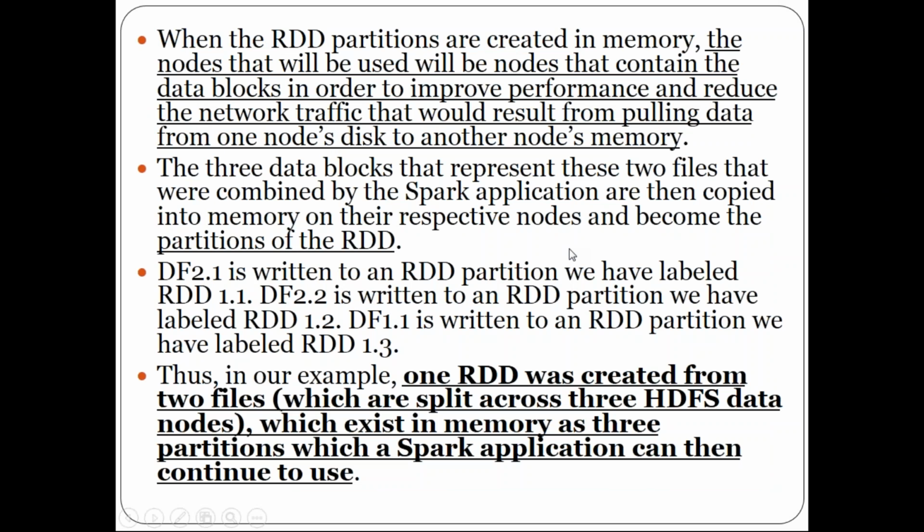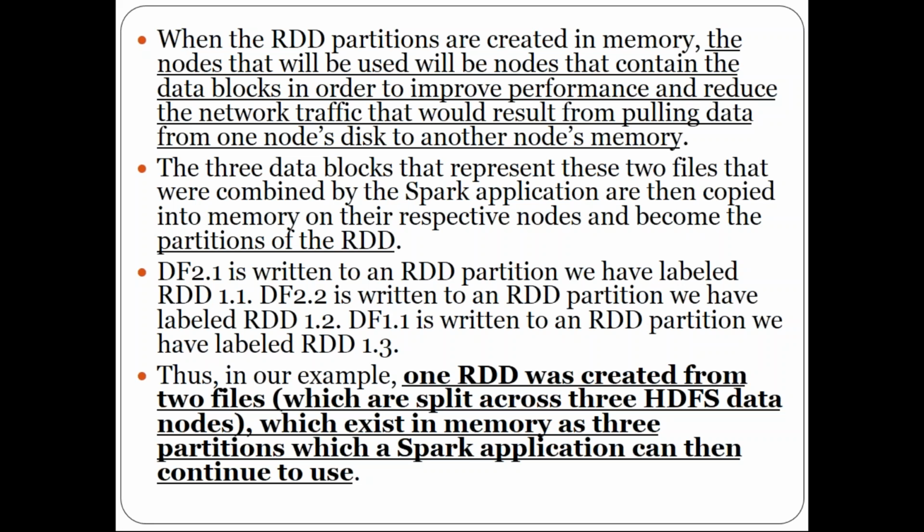Now, when RDD partitions are created in memory, the nodes will be the nodes that contain the data block, in order to improve performance and reduce the network traffic that would result from pulling the data from one node's disk to another node's memory. Once again, focus. As I said, your MapReduce always tries to run on the local node, nearest to the local node, to reduce the network traffic of transferring data from one node to another.